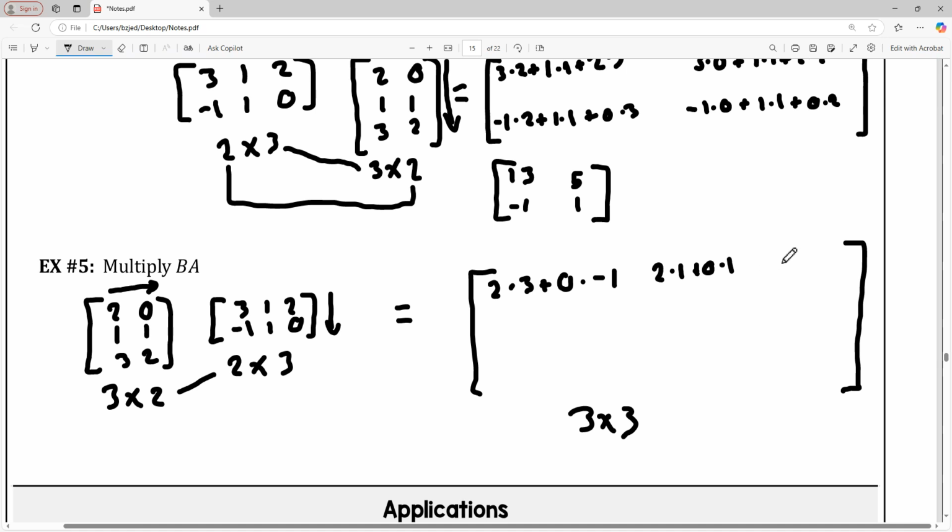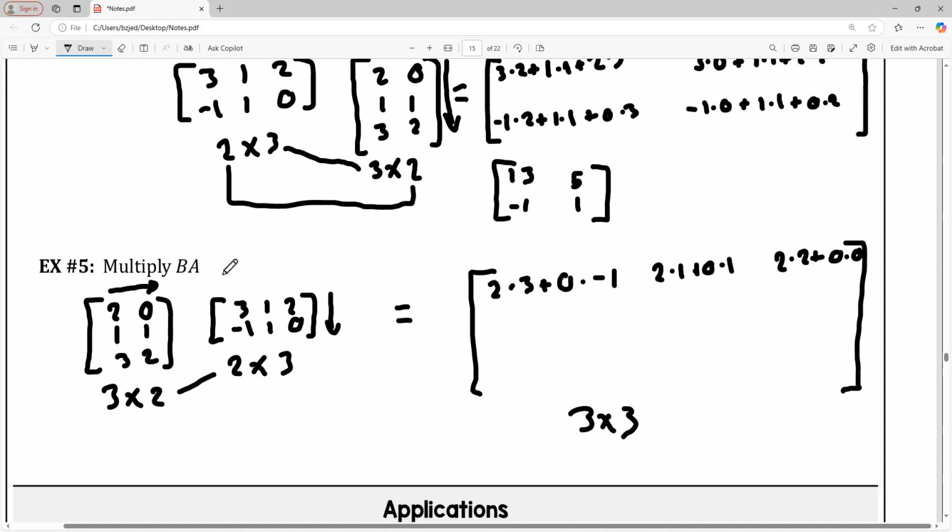Continue the pattern. If I go to the third column, I'm still in the first row, but now third column, it's going to be 2 times, I'm now going to go to my third column, 2, plus 0 times 0. And so all 3 of these are going to give me 3 separate numbers. That's all the values for the first row.